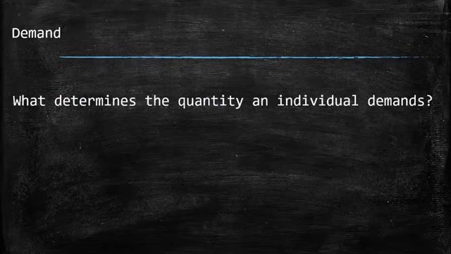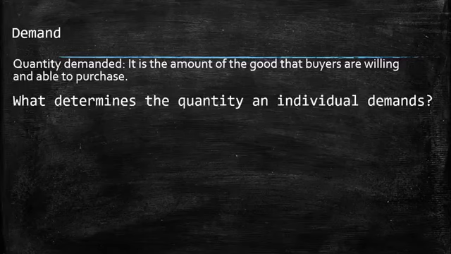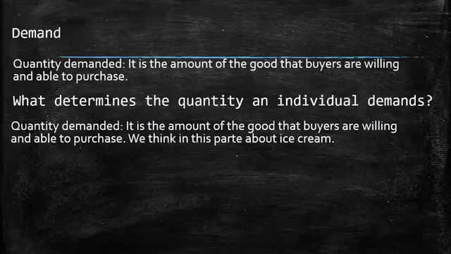Here we are going to study one part, which is the demand, the buyers. The quantity demanded is the amount of the good that buyers are willing and able to purchase. What determines the quantity and individual demand? There are several factors that affect the quantity demanded.